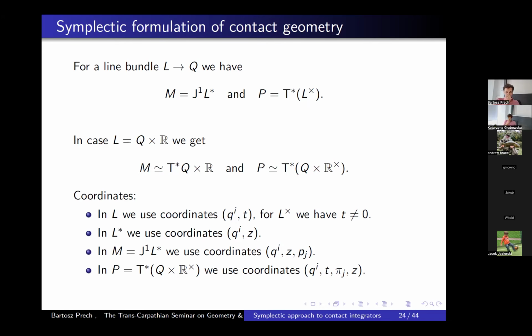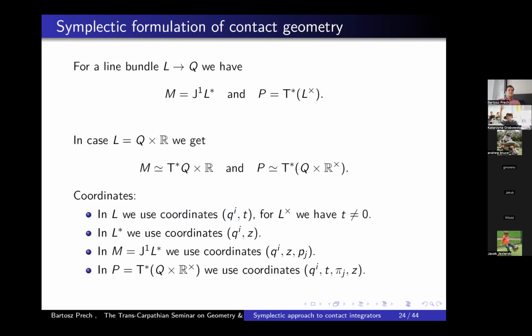So let's go back. As I mentioned before, there's a contact structure on the first jet of a dual bundle, and the respective principal symplectic bundle is given by the cotangent bundle of L with the zero section removed.